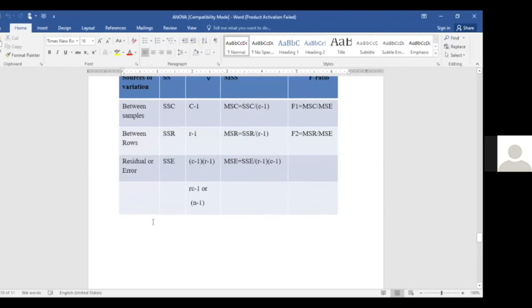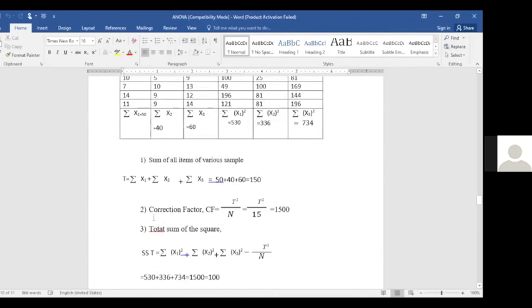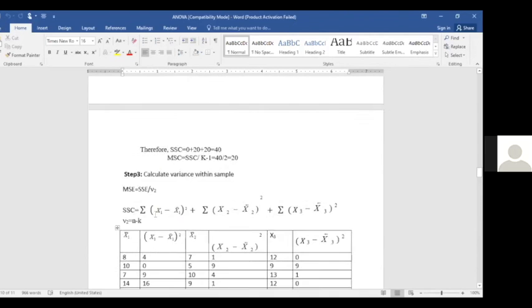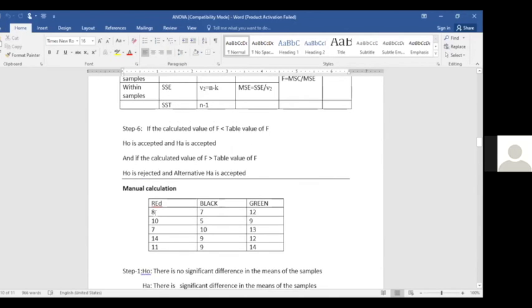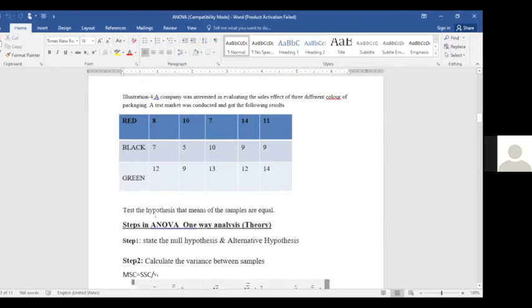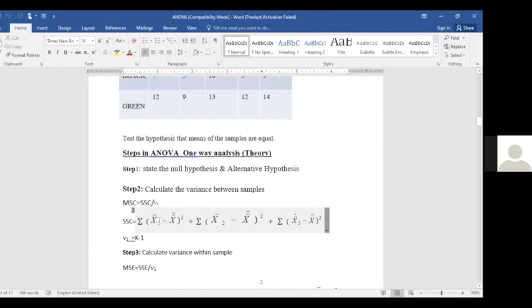See, earlier we have analyzed numerically. Numerically these are lengthy. But always remember that in ANOVA you calculate the variance between the samples and then the variance within the sample.